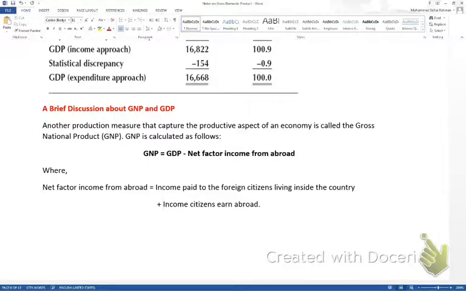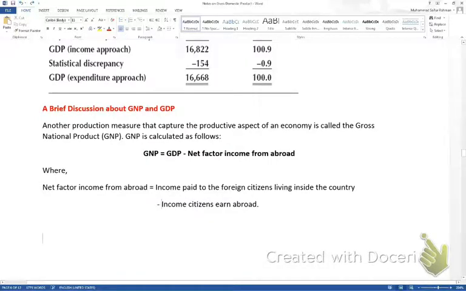So when you look at that, you realize that net factor from abroad is income citizens earn from abroad minus income paid to the foreign citizens living inside the country.